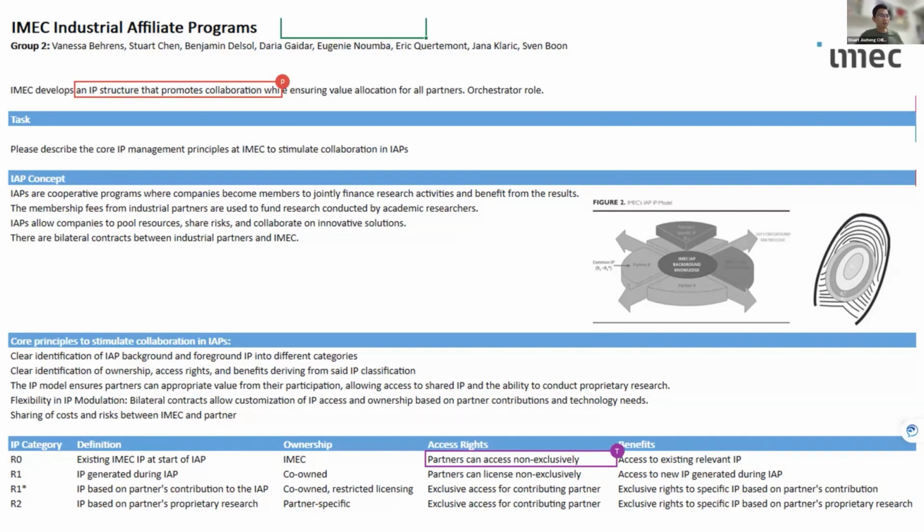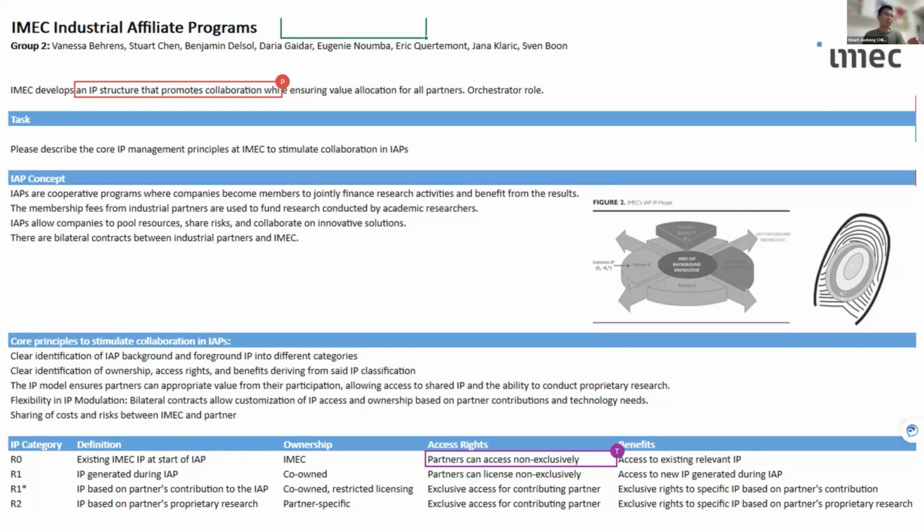First for the R0, R0 is the phase where existing IMEC intellectual property is the collaboration's starting point with the IAP. So here's the beginning point where the IMEC researchers can just give whatever they want, their basic ideas.